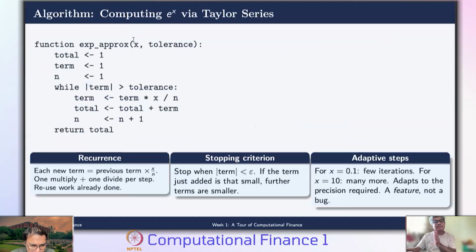It has three concepts. One is the recurrence. Another is the stopping, because sometimes we have to stop, and some adaptive steps. The function has two inputs. One is x, the value for which I want to estimate e to the power x.